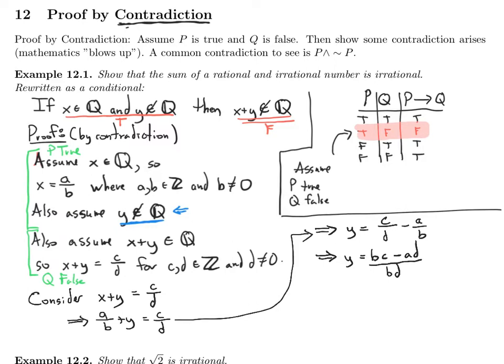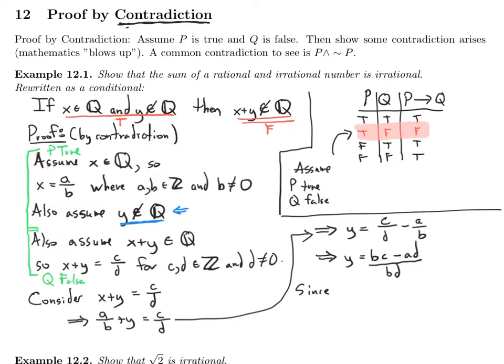So, what do we have? Well, we know that the numerator here, b times c minus a times d, is going to be an integer since it's just the difference and the product of some integers.